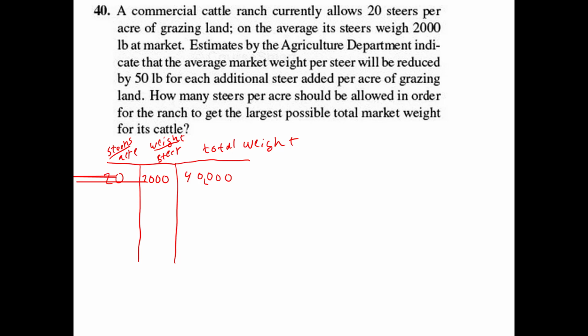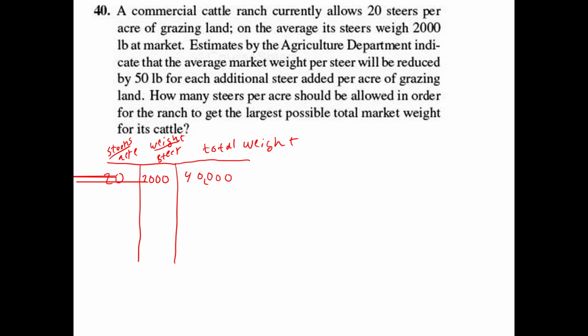Okay, so now estimates by the Agriculture Department indicate that the average market weight per steer will be reduced by 50 pounds for every additional steer per acre of grazing land, right?